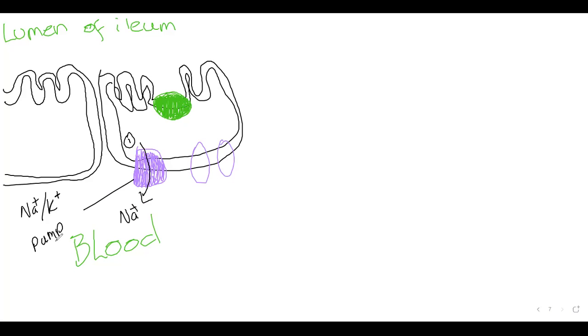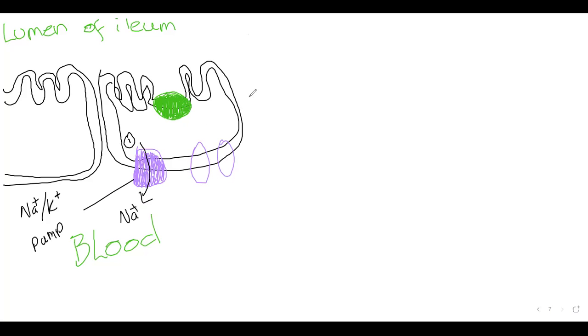So first of all, sodium ions are actively transported out of our ileum epithelial cells into the blood by the sodium-potassium pump. What this does is establish a concentration gradient. There's now a higher concentration of sodium ions in the lumen of the ileum than inside the cell. So we've got more sodium up here than in here, which is good.